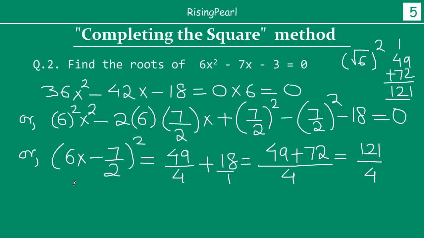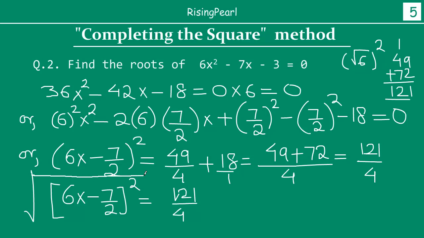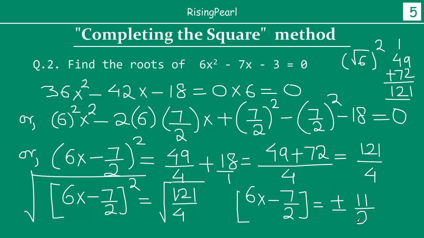So now we have 6x minus 7 by 2, this whole square is equal to 121 by 4. So now taking square root on both sides, on the left hand side we will end up getting 6x minus 7 by 2, and on the right side we will get plus minus 11 by 2.